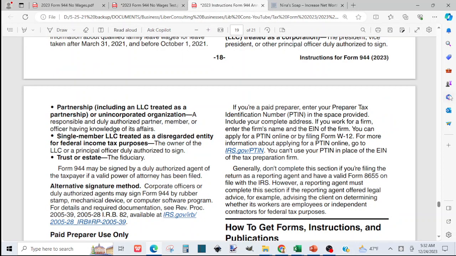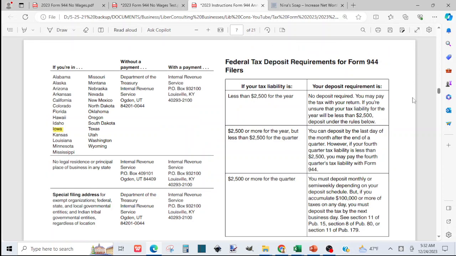To mail that to the IRS, you need to use the right address. So where to mail Form 944 without a payment in 2023? You'll find that in the IRS Instructions for Form 944 2023 on page 7.